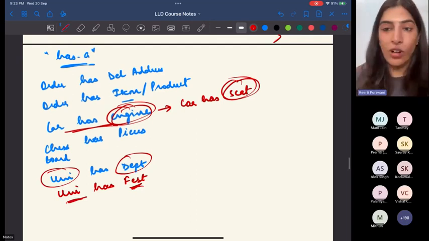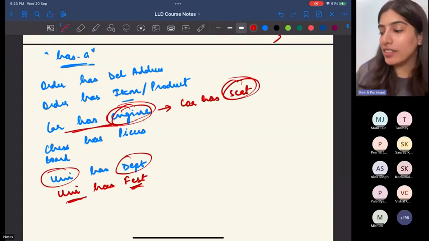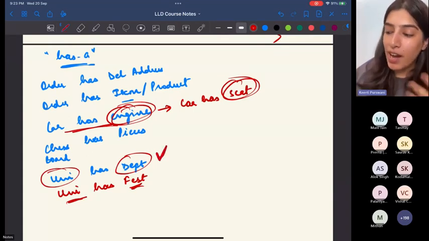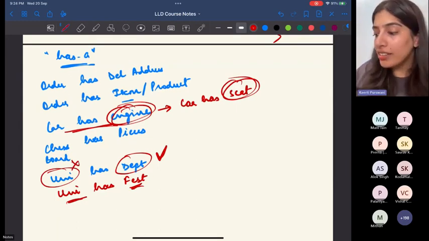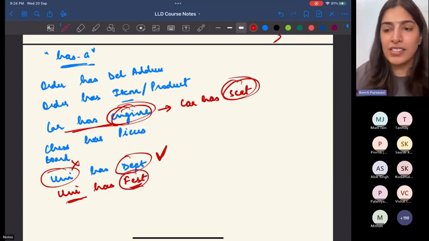Okay, and also think of it like this: can any department exist without university? Can fest, maybe fest is somewhere else without a university, right? It is like a normal fest, maybe not a college fest. Right now, I know this is very subjective. I know you might be thinking about it.